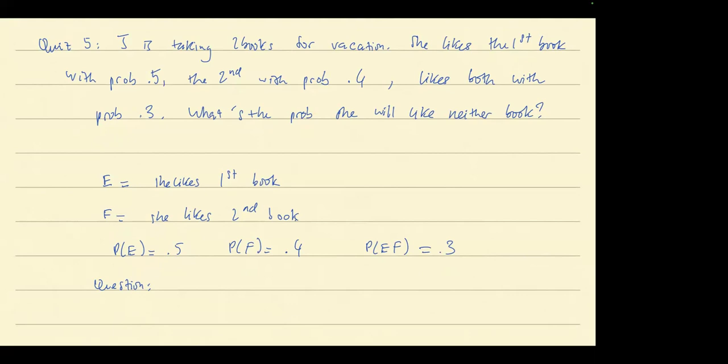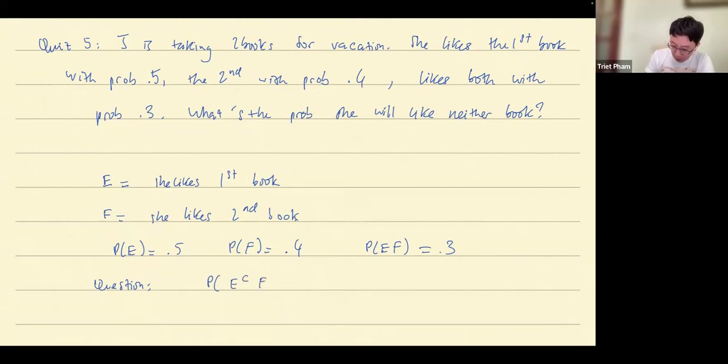Is it 1 minus P of E union F? Yeah, you're correct. But for now, the question is asking for P of E complement F complement, correct? It's asking for she will like neither book. And exactly, now we see that we've switched this to E union F complement using De Morgan's law and using the complement rule. All right, there you go.